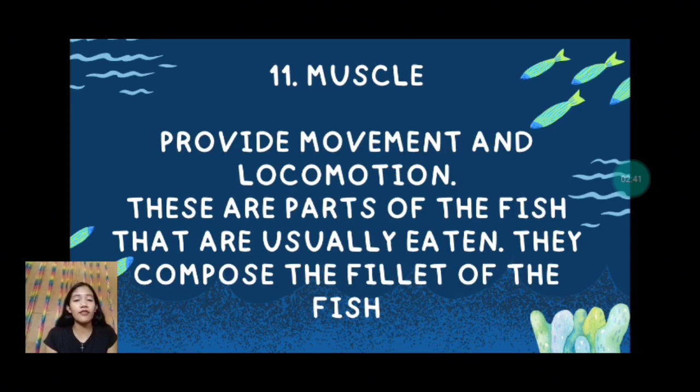Next, number 11, the muscle. The muscles provide movement and locomotion. These are the parts of the fish that are usually eaten; they compose the fillet of the fish. The muscles of the fish are responsible for generating movements, allowing the fish to swim, navigate, and capture prey.